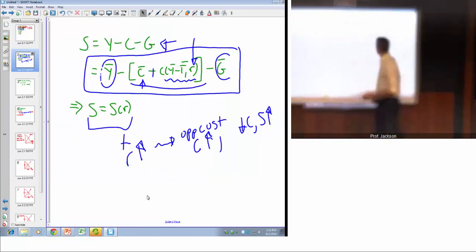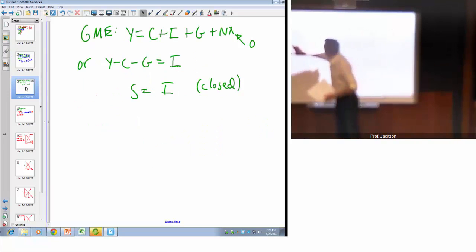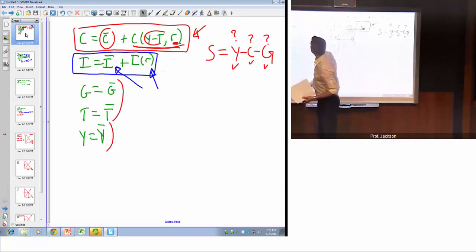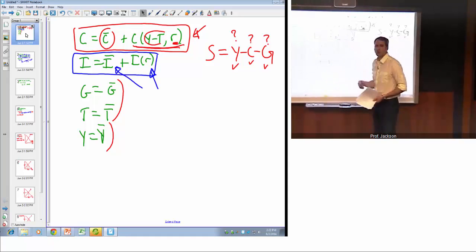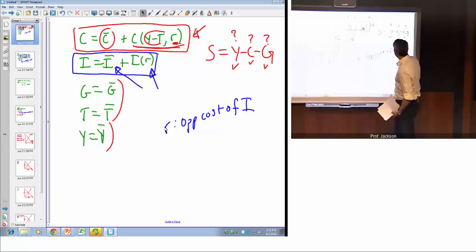Okay, so now if we go back to our investment function, again, the idea is that investment is going to be determined by autonomous investment and interest rate. The real interest rate in this case represents the opportunity cost of investing.